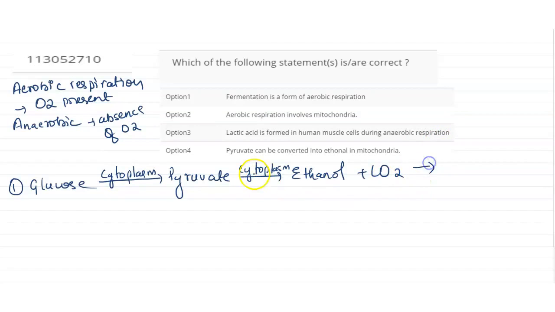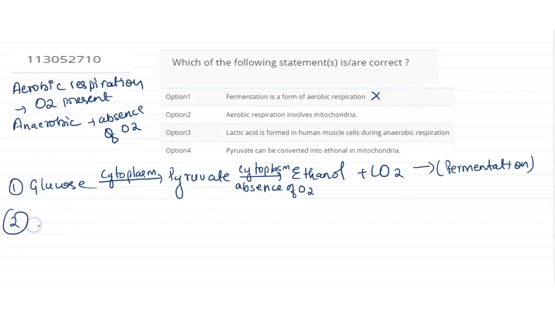But this pyruvate to ethanol conversion occurs in the absence of oxygen, and this process is named fermentation. So you can easily observe that fermentation is not a form of aerobic respiration, so this option is wrong.